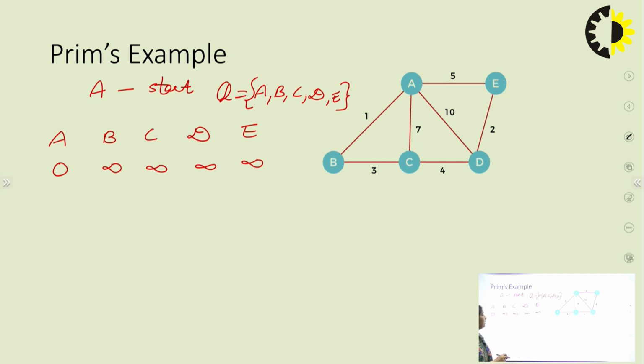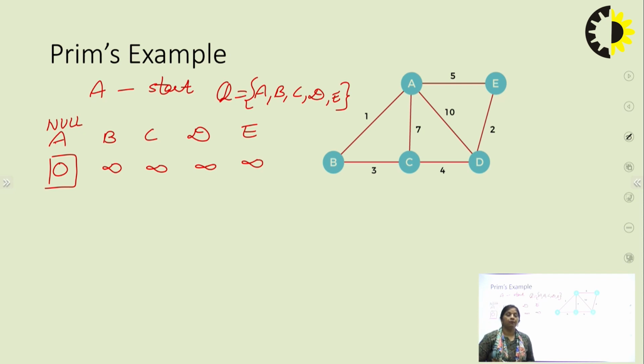One more thing is we have to keep track of the parent node. So, the parent node of start will be null. Other parent nodes will be tracked accordingly. So we extract the minimum key value node, that is A. So, we selected A.